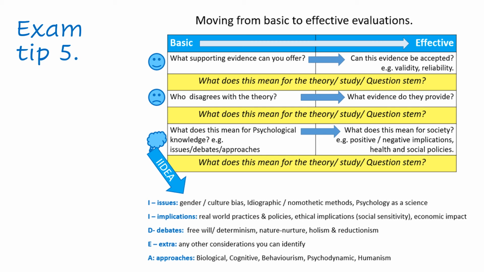That's a bit of a hard one to say. So, for example, think about Piaget. A lot of Piaget's work has influenced education, and you can talk about whether that's had a positive or a negative impact on education. You can link it to debate, so the nature and nurture debate, for example.